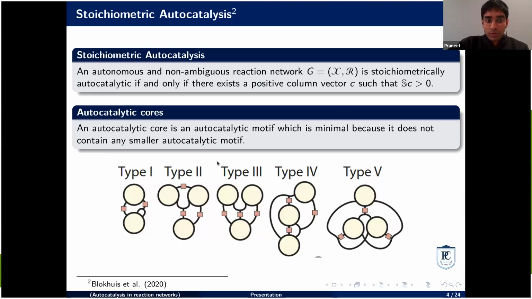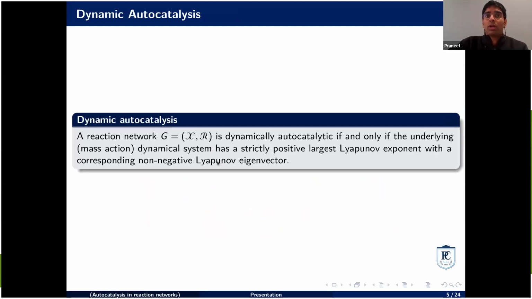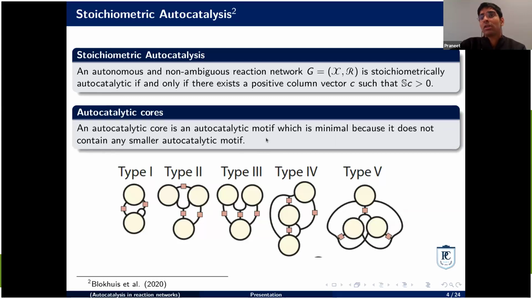Moving further, what we will focus on is dynamical autocatalysis instead of stoichiometric. Stoichiometric autocatalysis, by definition, gives a condition under which the stoichiometric number of each species increases on application. So it's a system in which you can have a cycle of reactions which gives an increase in number for each species.